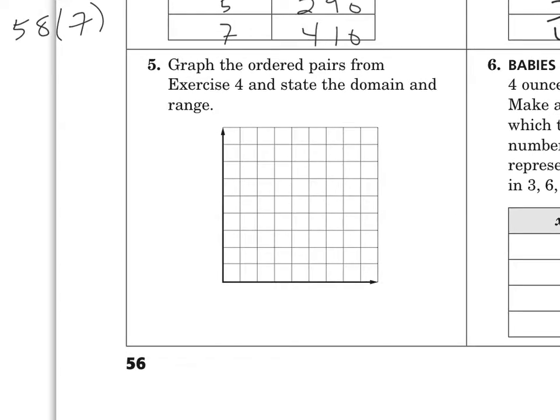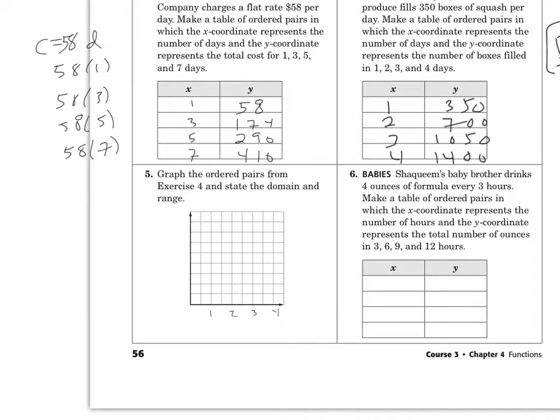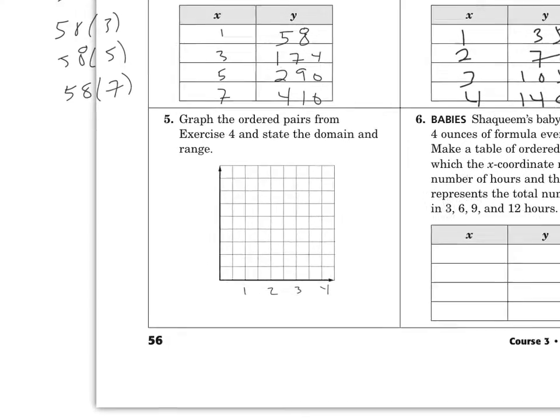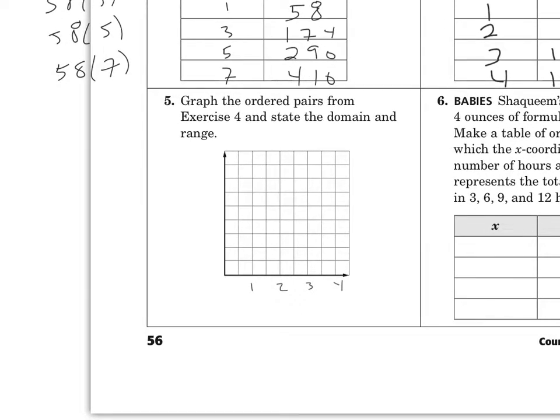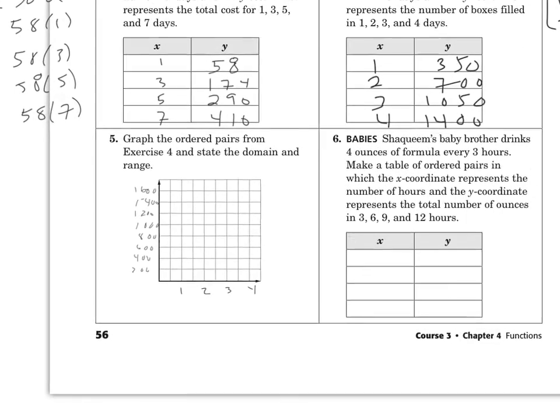So we're going to graph 1, 2, 3, and 4, and go in increments of, let's say, 200: 200, 400, 600, 800, 1,000, 1,200, 1,400, 1,600, and that's it. Then we run out of numbers.